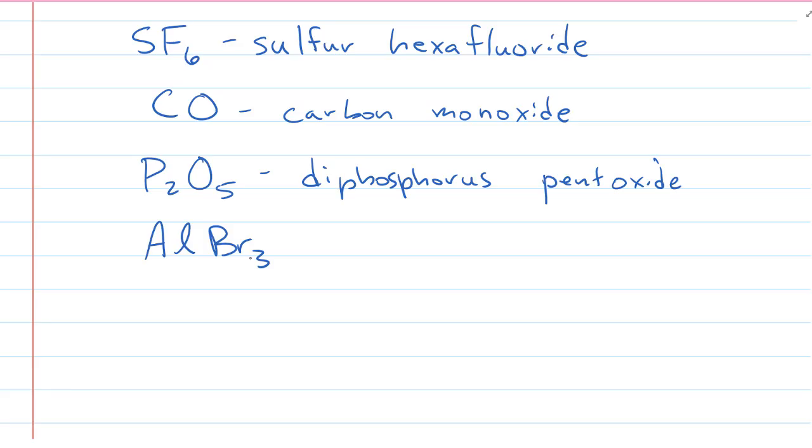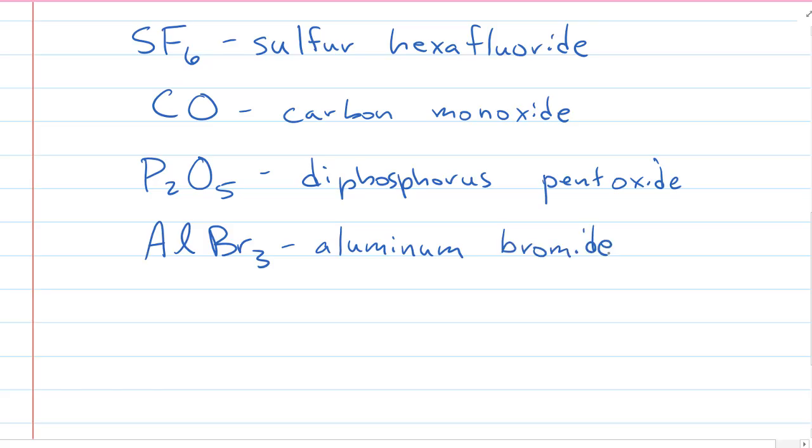Okay, so AlBr3. This one here is going to be called aluminum bromide. And be careful now. This is simply called aluminum bromide, not aluminum tribromide.